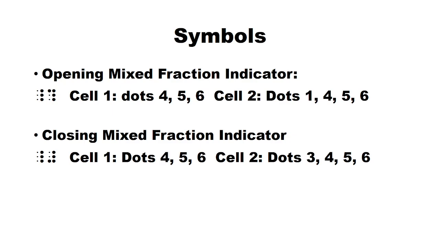The first cell has dots 4, 5, and 6, and the second cell has dots 1, 4, 5, 6. And we also have our closing mixed fraction indicator, also consisting of two cells. The first cell has dots 4, 5, and 6, and the second cell has dots 3, 4, 5, 6.